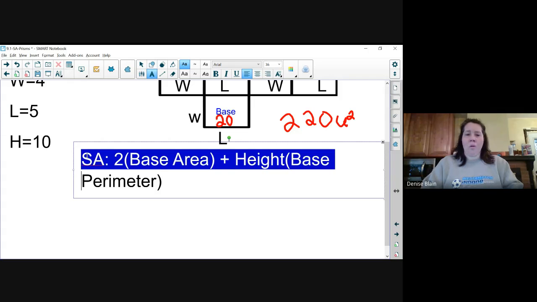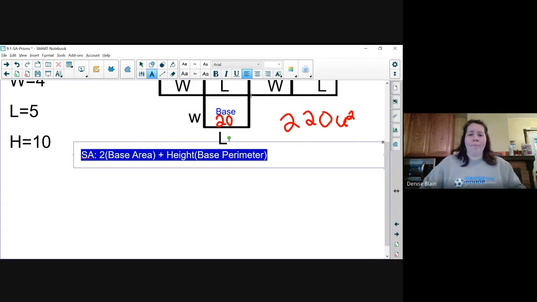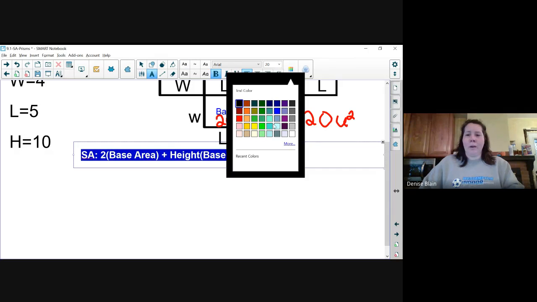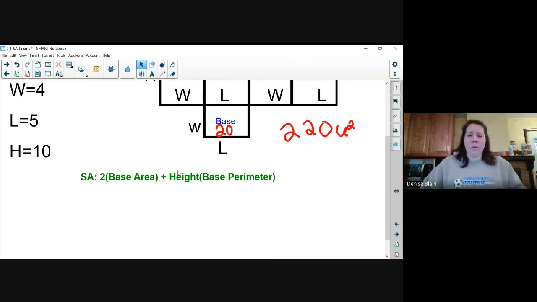So let's make this smaller so it all fits on one line. Okay. And we'll bold it and we'll make it a color that stands out. We'll make it green. Okay, so this is the equation that we're looking to find.